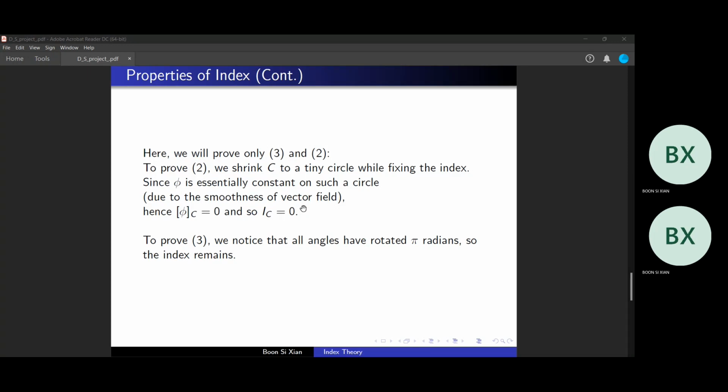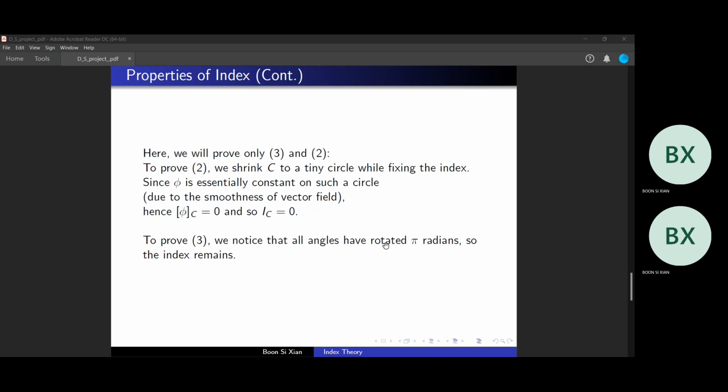To prove part 3, we notice that if we change the direction of the arrows, it is actually the same as rotating each of the vectors by pi radians.